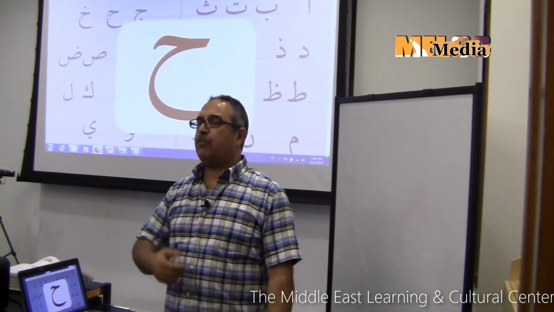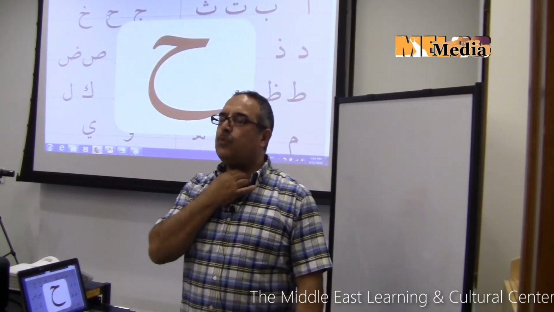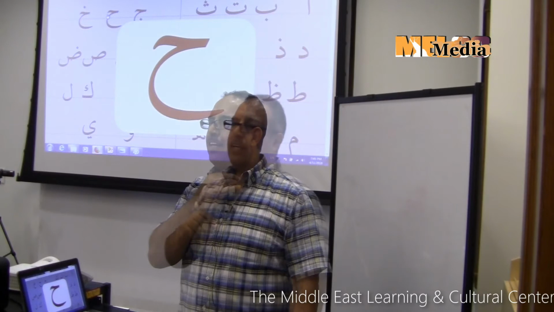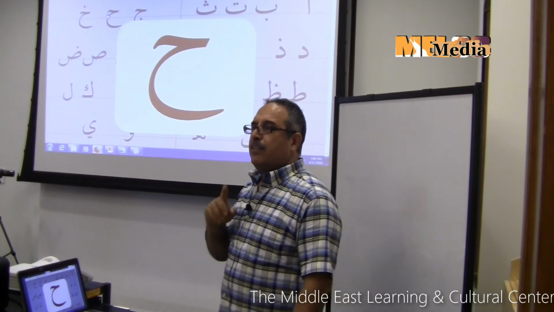And that's why sometimes I say it's not that you can't say it. You just need practice to say it. You never said it before. Okay? So it is ha. And that's one letter that goes from the throat. Ha. If you can't get it the first time, it's okay. If you can't get it the 10th time, it's okay. But you will get it eventually. The more you practice, the more you hear it. We will have later on, once you know all the letters, some native speakers so you can practice with. You can always ask them, am I saying this right?